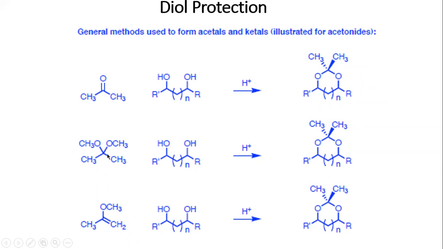So it's basically addition, elimination to swap out both of these groups with the two diol groups right here, right? Or you can use an enol ether, and you'll get the same outcome because again, this is a masked version of the acetone. It's the methoxy enol ether of acetone. So it's the same type of chemistry.